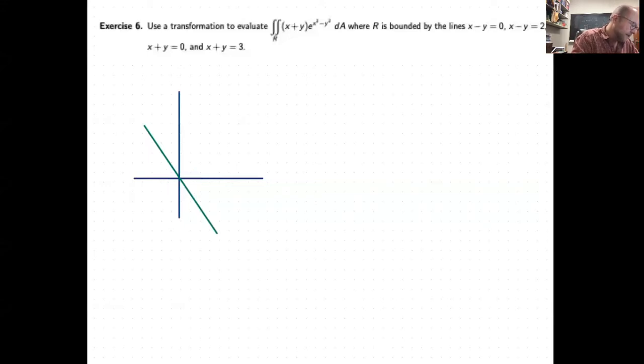And then if I have, you know what? That doesn't look very much like a slope of -1 to me, but okay. As long as I have the two lines being parallel, it should be good enough.